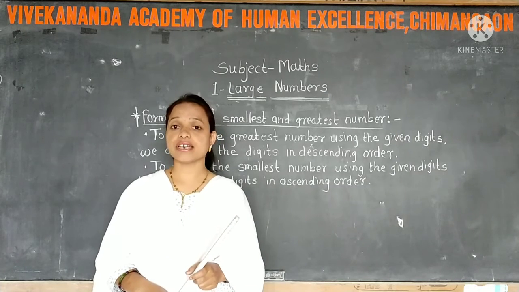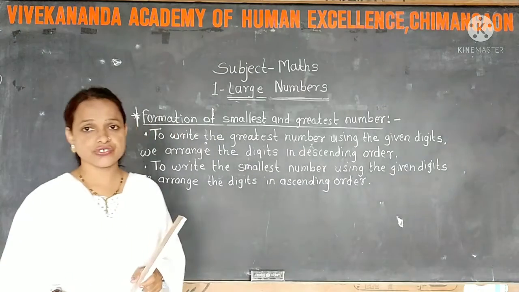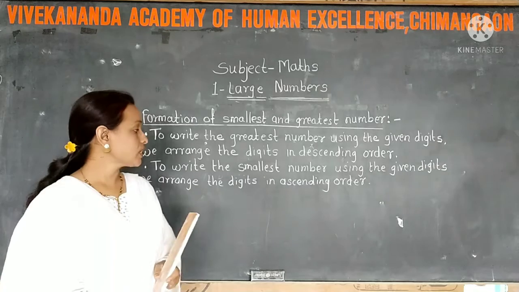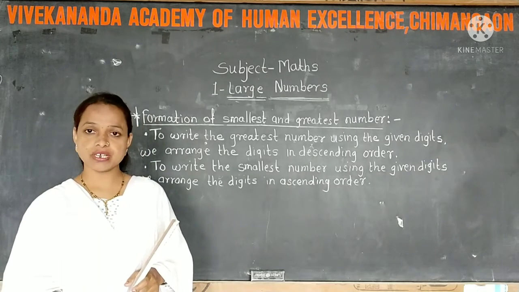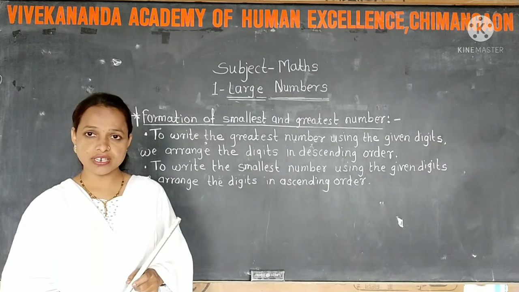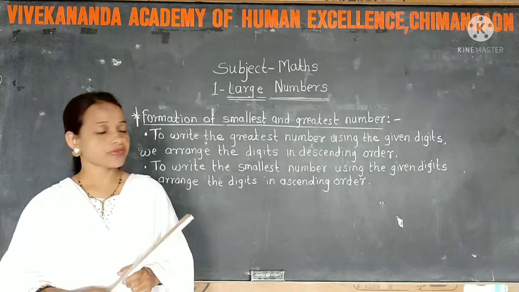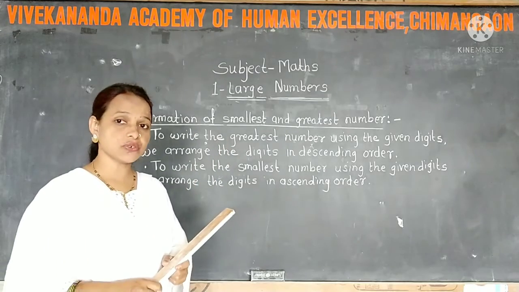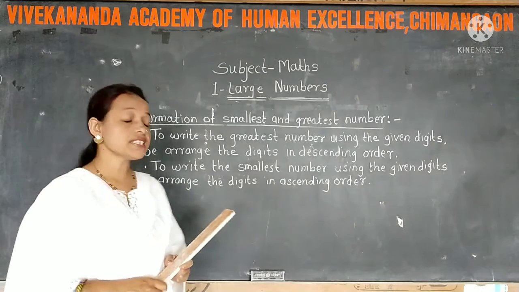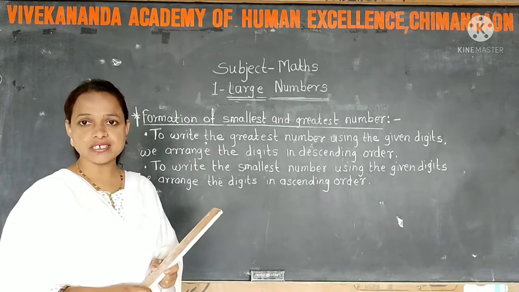And whenever we form a smallest number, we have to arrange the given digits in ascending order, means we write the smallest first and then go to the greatest. In this way, by using that rule, we form the smallest and greatest number by using given digits. So let's see an example.